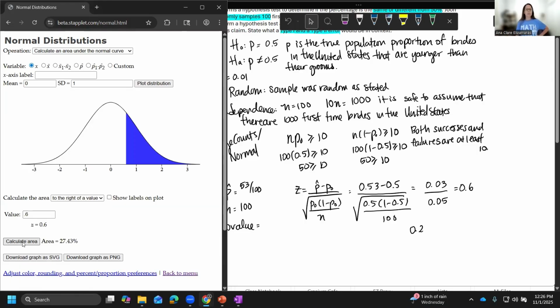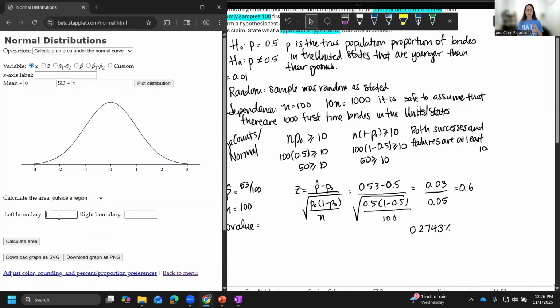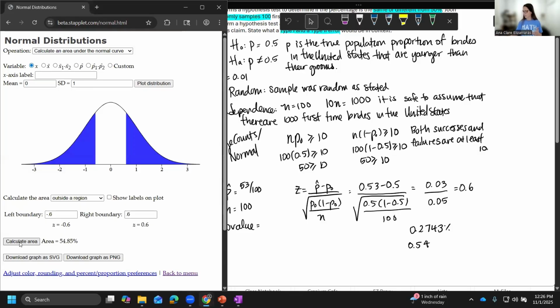But if I was to say between or outside a region, what are my 0.6, negative 0.6? If I was to get negative 0.6 and positive 0.6, I then have 0.5485. I shouldn't be putting percent signs, it's a decimal.